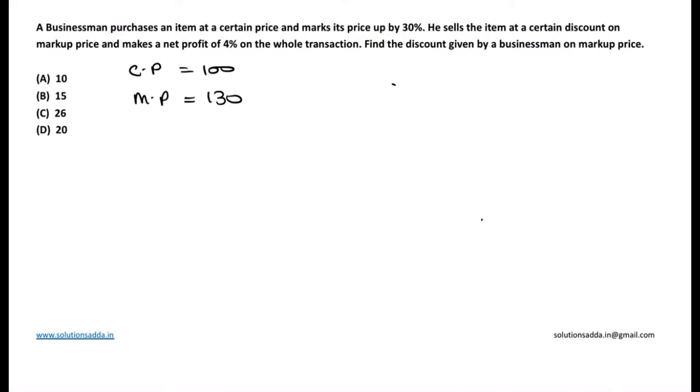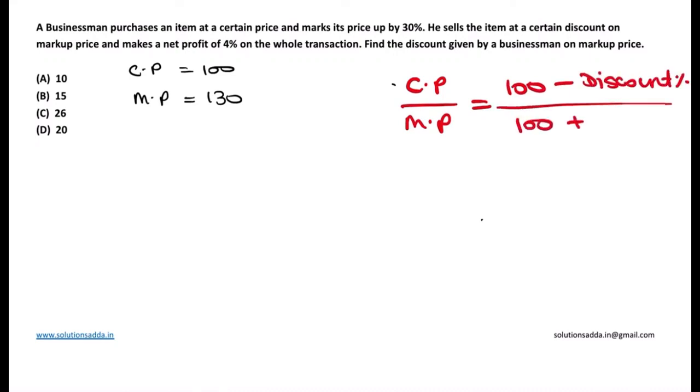Using this information, we'll make use of the formula: cost price upon markup price is equal to 100 minus discount percentage upon 100 plus profit percentage. Therefore, 100 upon 130 equals 100 minus discount percentage, which we need to calculate.